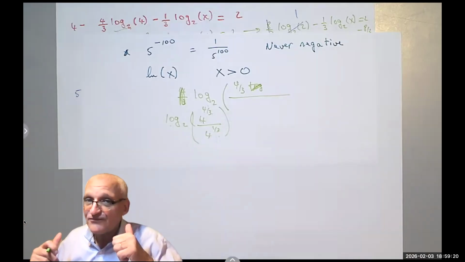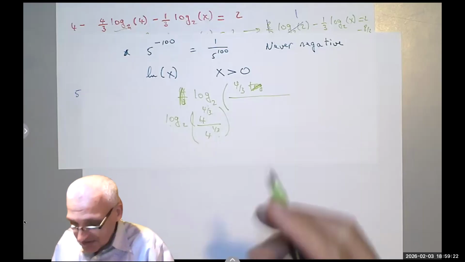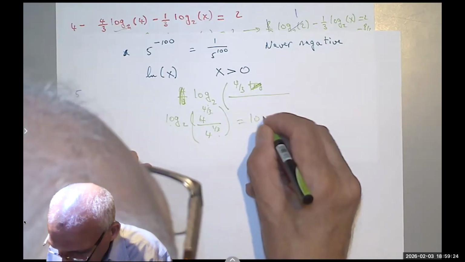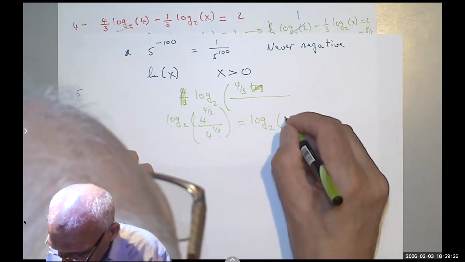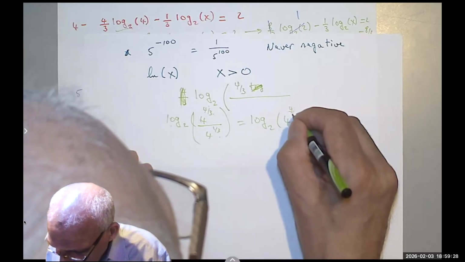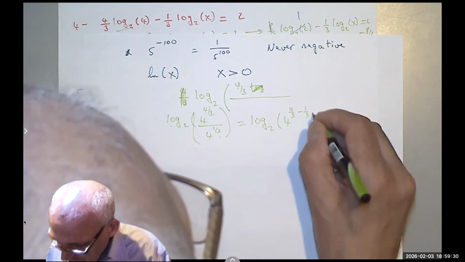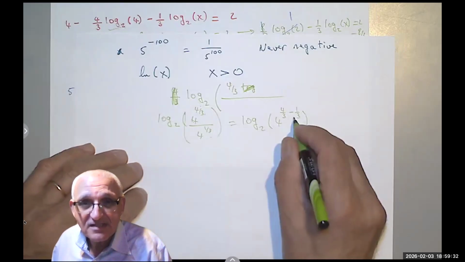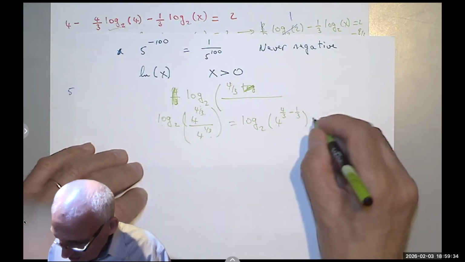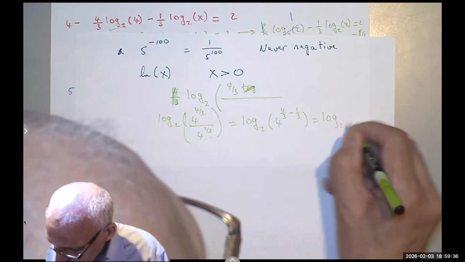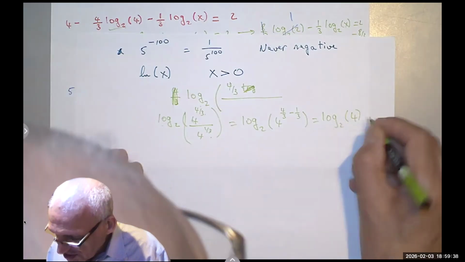We learned that from exponents. That becomes log to the base 2 of 4 to the 4/3 minus 1/3. But 4/3 minus 1/3 is 3/3 or 1. So this is log to the base 2 of 4, which is 2.